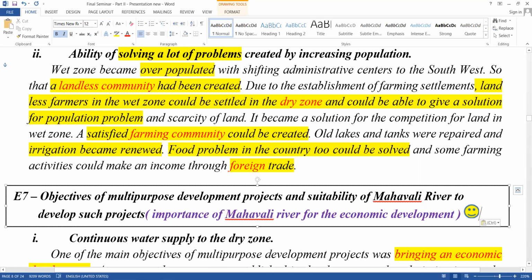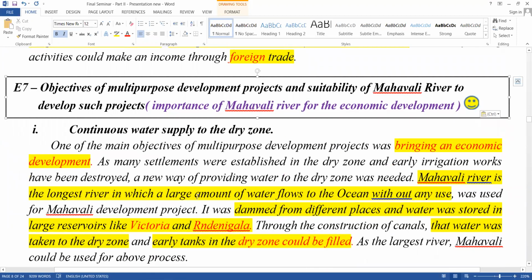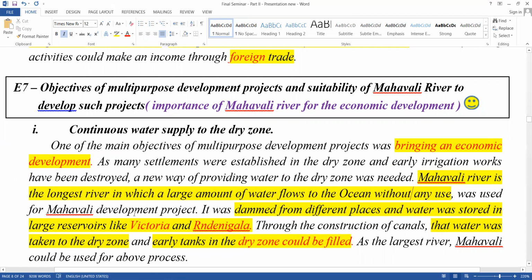Okay, so this is actually the Mahaweli. As many settlements were established in the dry zone and early irrigation works had been destroyed, a new way of providing water to the dry zone was needed. The Mahaweli River is the longest river, in which a large amount of water flowed to the ocean without any use. It was used for the Mahaweli Development Project.